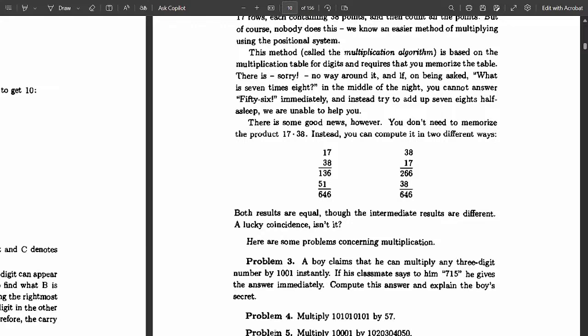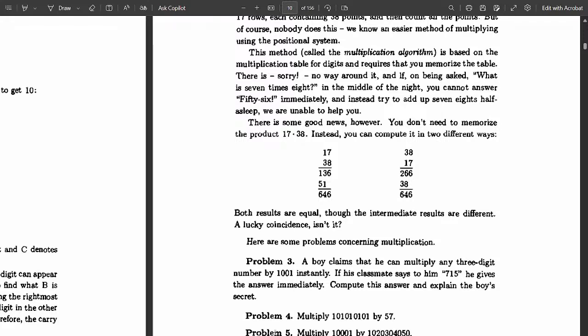So it would be 10 to the power 8 plus 10 to the power 6 plus 10 to the power 4 plus 10 to the power 2 plus 10 to the power 0, multiplied by 57.